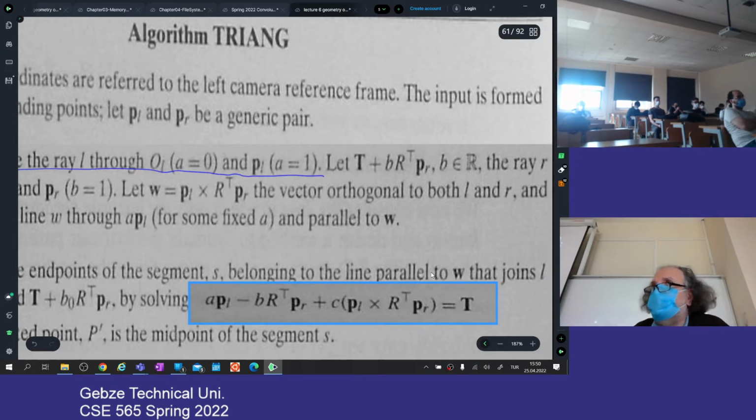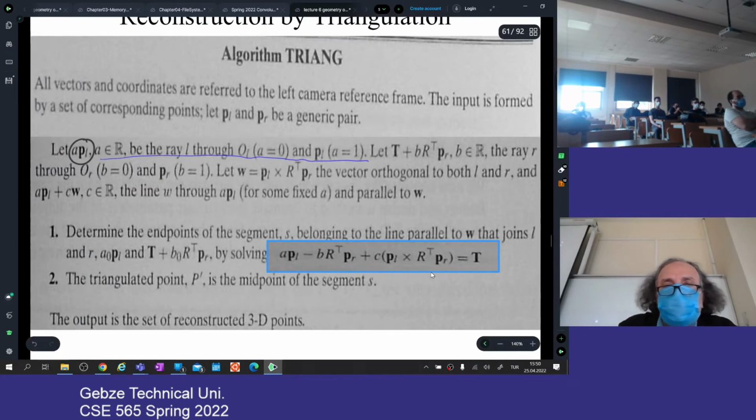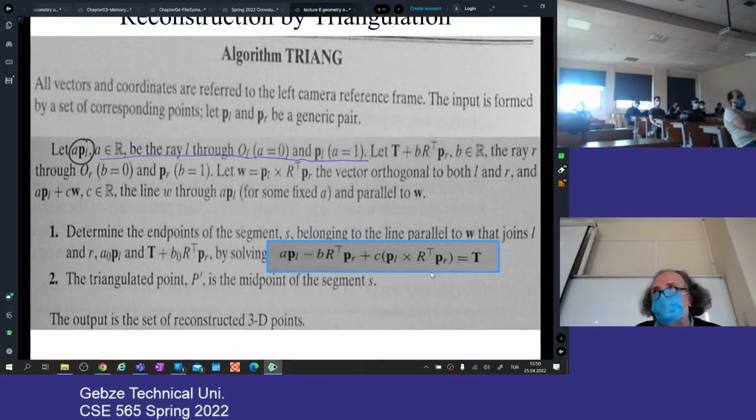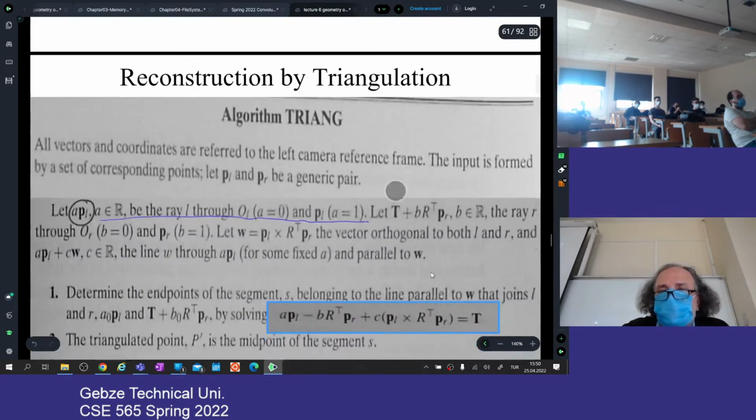So everybody is in the left camera coordinate system. Okay, so I have formulas for the red and the yellow lines. The formula for this one is not that difficult. I know that one too.